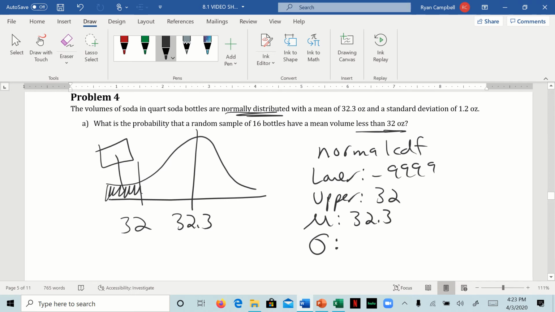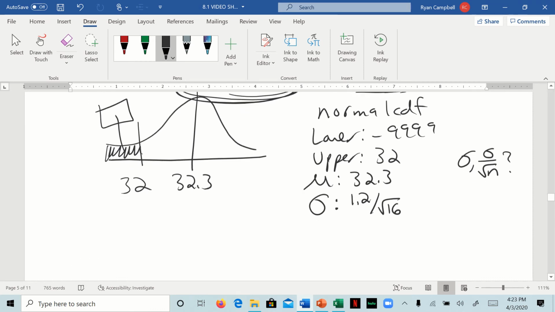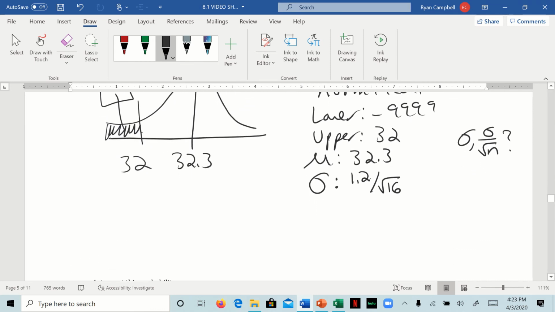So, is it the standard deviation or the standard deviation divided by the square root of n? Well, what's our sample? Do we have a sample? Yeah, we see it's 16 this time. So we're going to do 1.2 divided by the square root of 16. And when we type all that into our calculator, what we end up with is 0.1587.